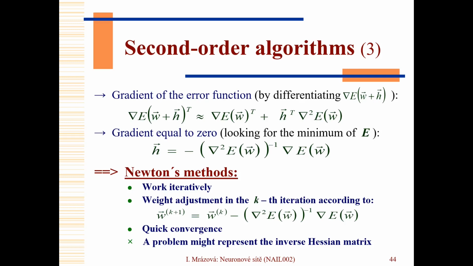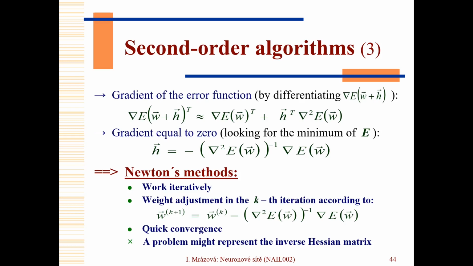For this point, we could compute the gradient of the error function. So we will basically perform differentiating of the function E at the point w plus h by h.